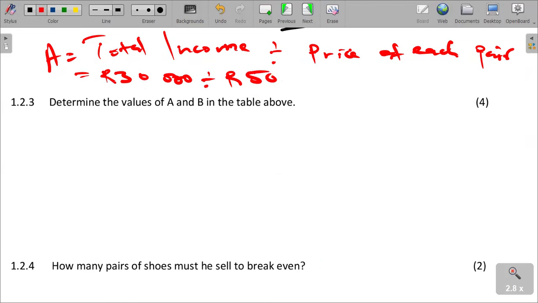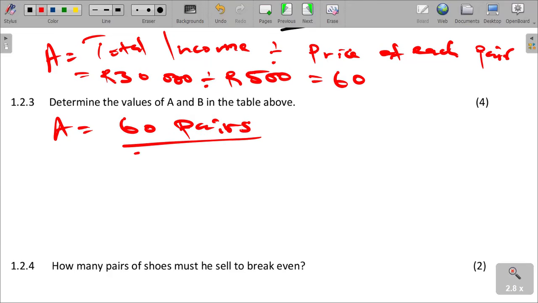We said that the price per pair is 500 rand. 30,000 divided by 500 is going to give us 60. So A is equal to 60 pairs.